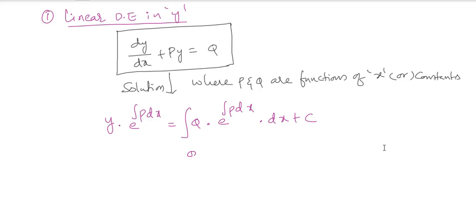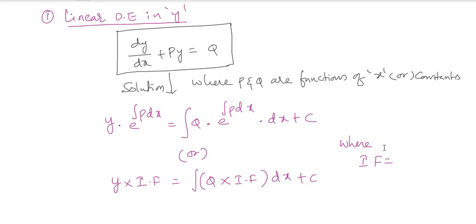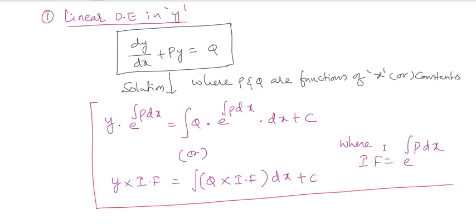This can also be represented as y into integrating factor, because e to the power of integral p dx is nothing but your integrating factor, which is equivalent to integral q into integrating factor into dx plus constant c, where the integrating factor is e to the power of integral p into dx. This is the solution of the linear equation in y.